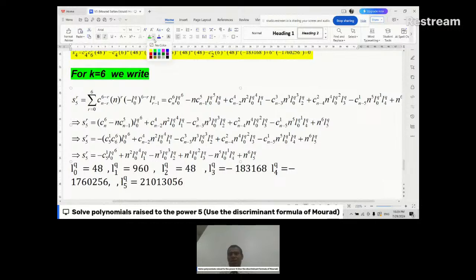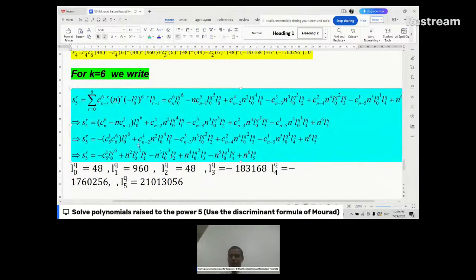For S5, you put k equals 6 in the decimal formula of Mourad Sultan Ezouidi, and you will get the last formula: S5 equals negative combination 5 choose 1 times L0 of dq raised to the power 6, plus n squared times L0 of dq raised to the power 4 times L1, minus n cubed times L0 of dq cubed times L2, plus n raised to the power 4 times L0 of dq raised to the power 2 times L3, minus n raised to the power 5 times L0 of dq times L4, plus n raised to the power 6 times L5.